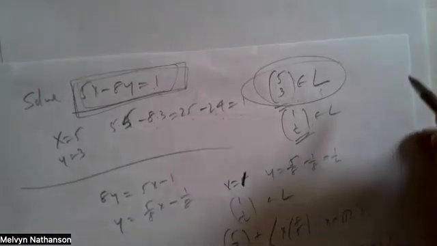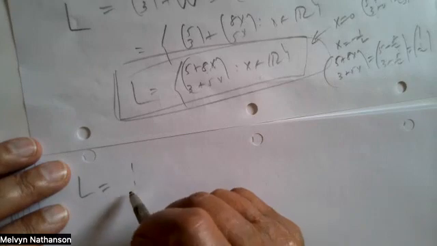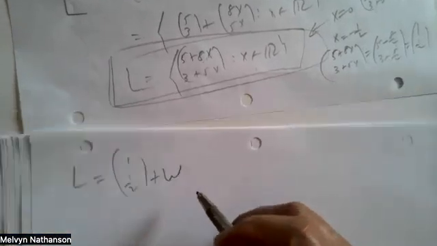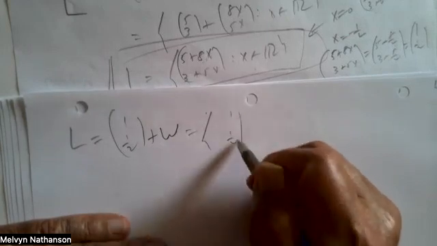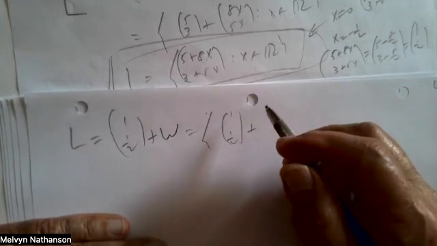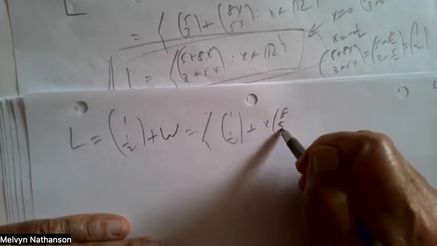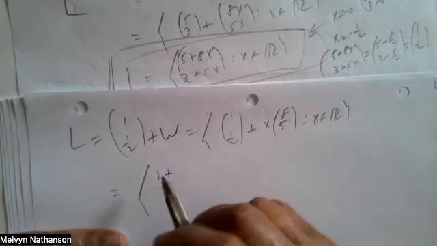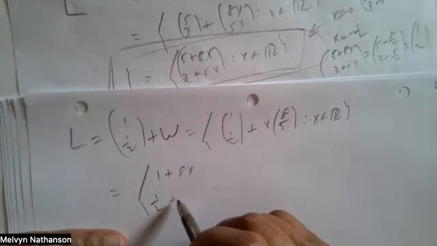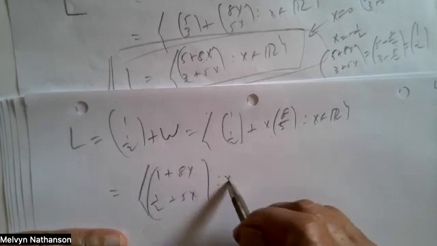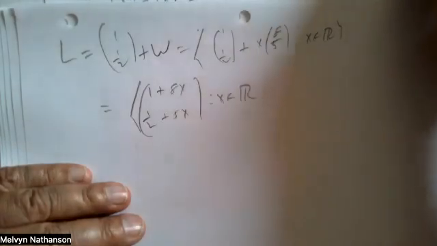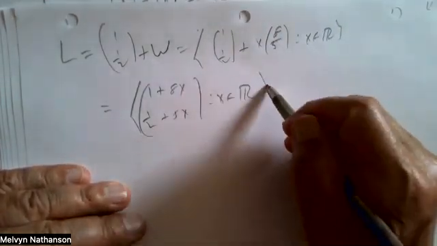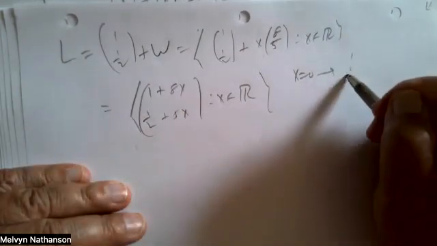If I had chosen that, I could have said L is also equal to the vector (1, 1/2) plus W. So that's the set of all vectors of the form (1, 1/2) plus x times (8, 5) for x in R, which I could write as (1 plus 8x, a half plus 5x) for any x in R. If I let x equal 0, I get the vector (1, 1/2), of course.